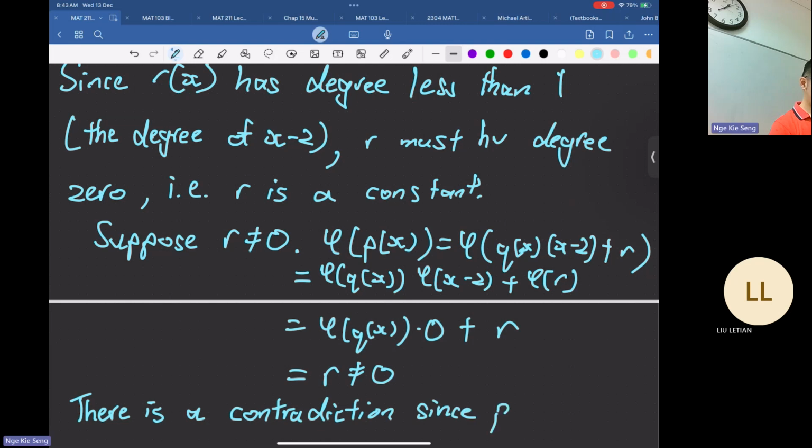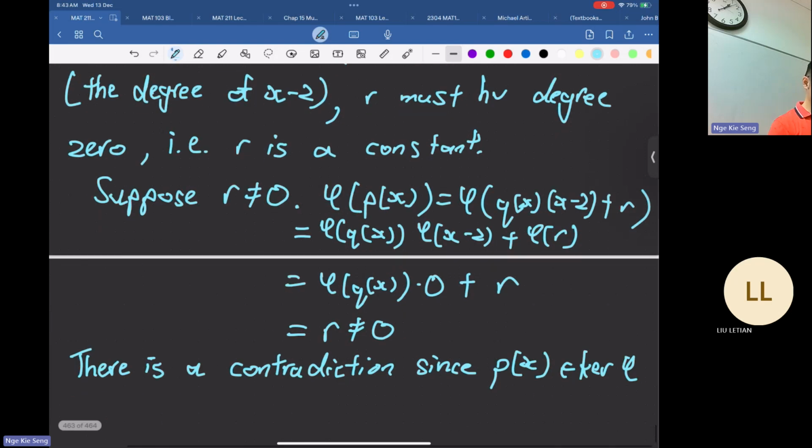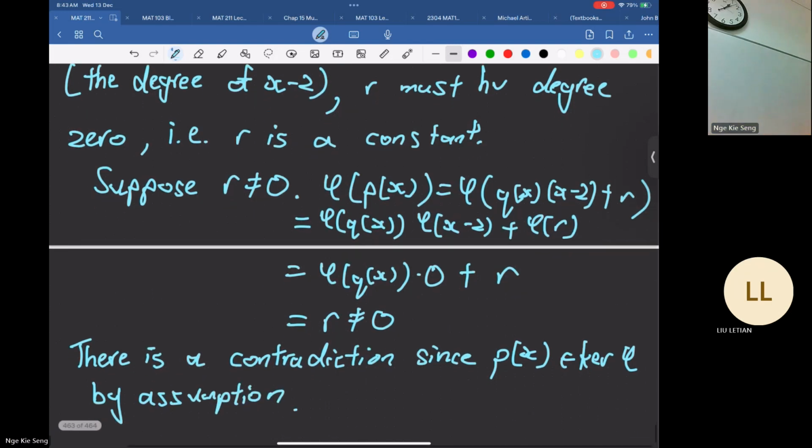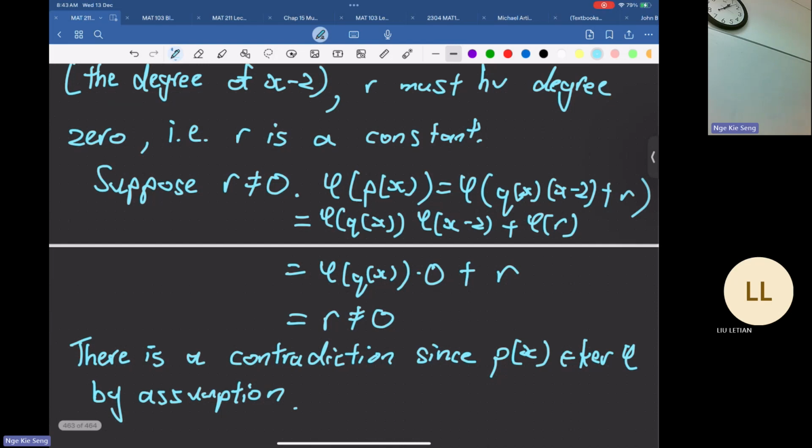Since P(X) is in the kernel of phi, by assumption, it cannot be true that R is non-zero. R must be 0. So if R is 0, then that means that it is a multiple of X minus 2.